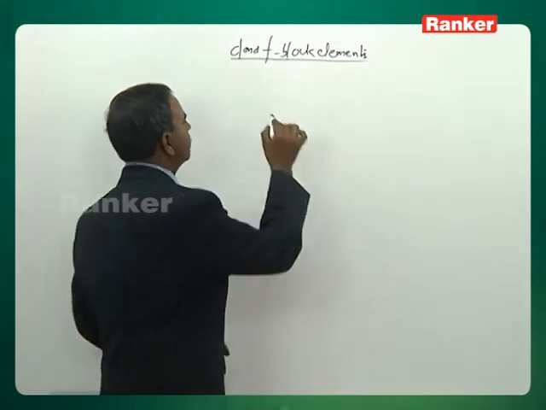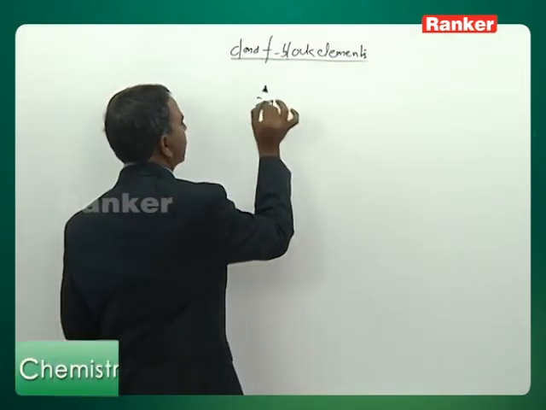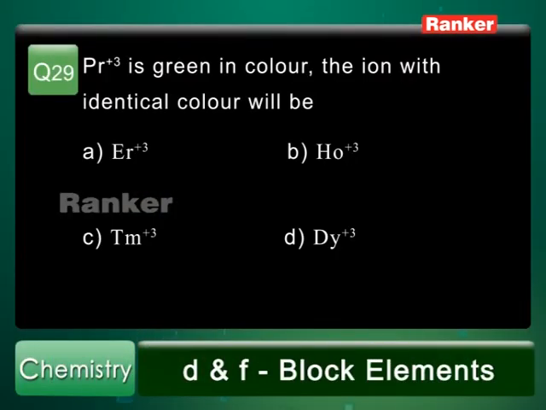Question number 29. Praseodymium plus 3 is green in color. The ion with identical color will be? Here you have to remember all the 14 lanthanides and be in a position to put them in a table. Otherwise you cannot answer this.